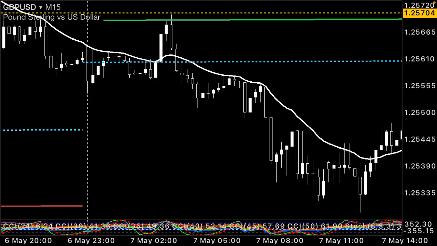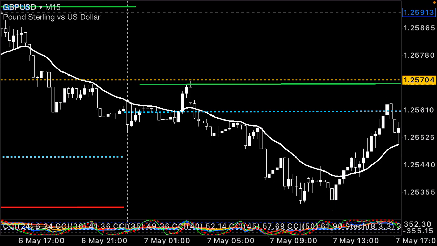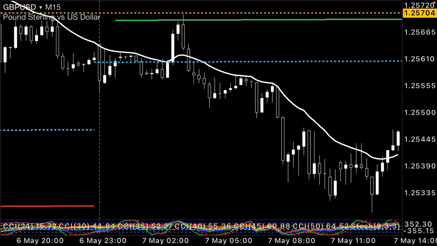And that lines up with the session vertical line, the very light, thin dotted line.